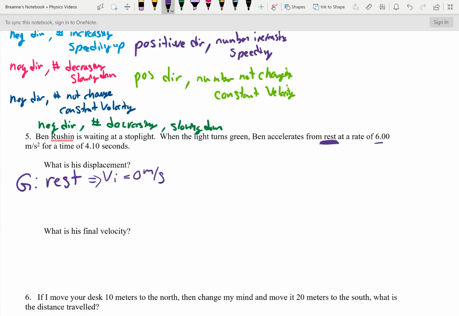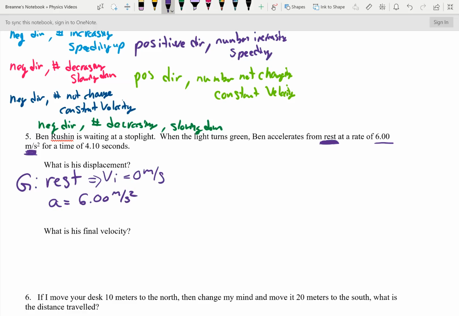And a rate of 6 meters per second squared. So rate isn't velocity, it's not acceleration. How you know what that number is, you look at the units. What unit goes with meters per second squared? Acceleration. So 6 meters per second squared.